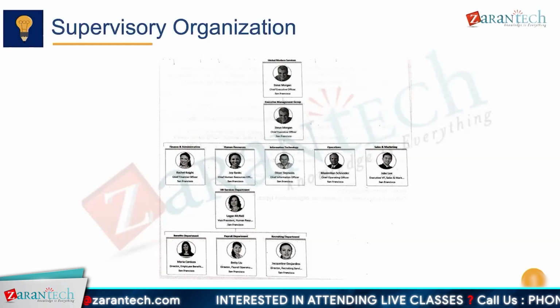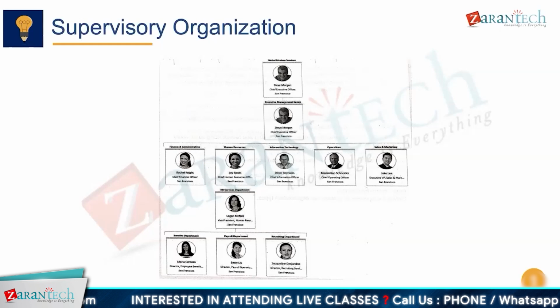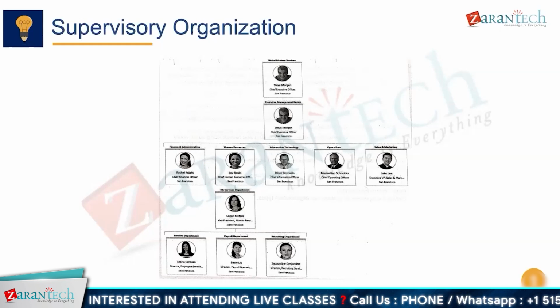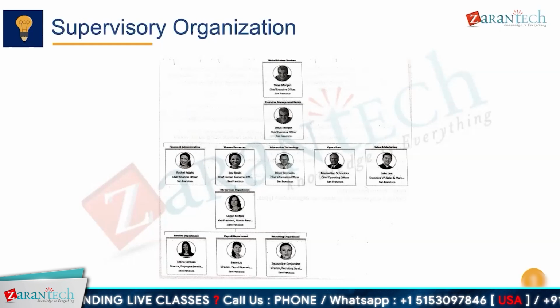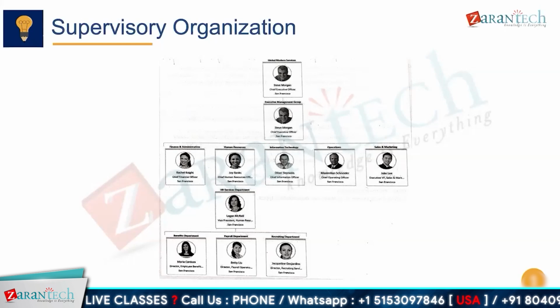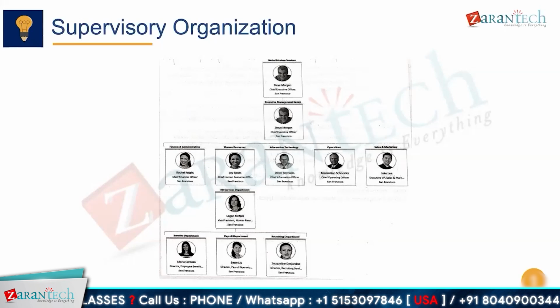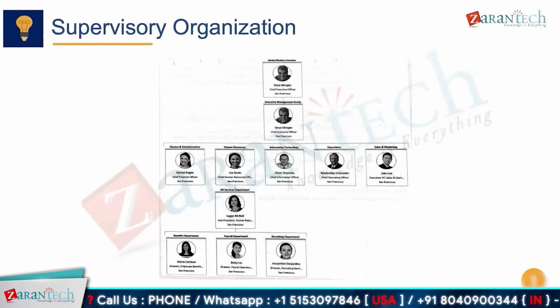Now, all of these three units, training, recruitment, and performance management, are classified under human resources. So human resources is, if you're calling it a division, and then there are different supervisories.